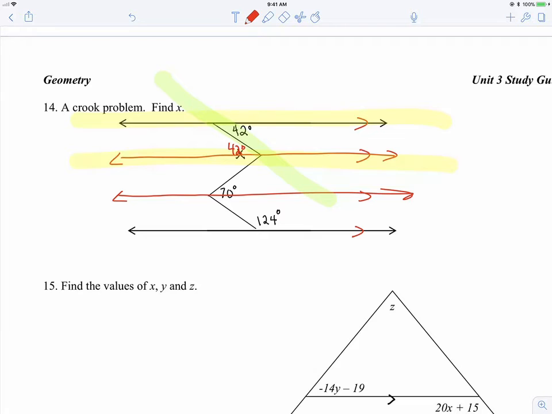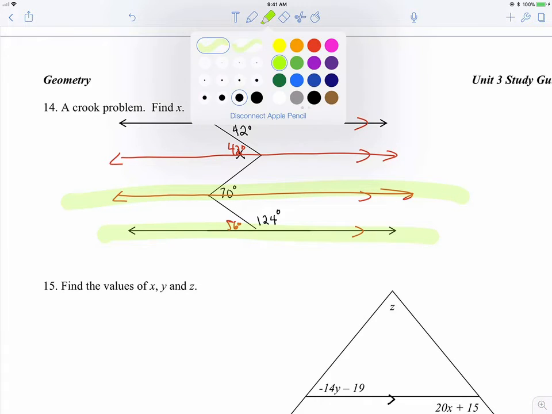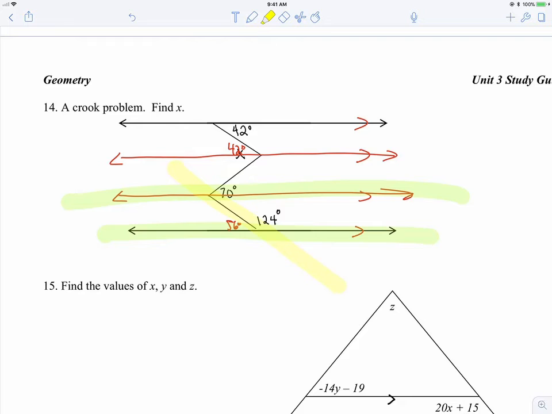Down towards the bottom, we're going to start with the 124. If I do the linear pair with 124, I get 56. And so now I'm going to be dealing with these lines and this transversal.